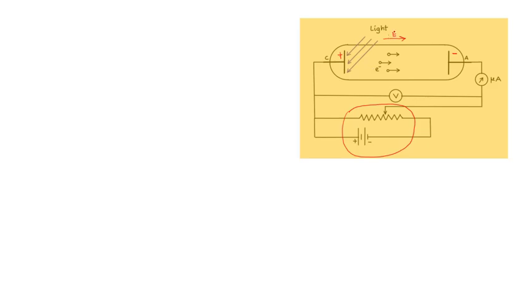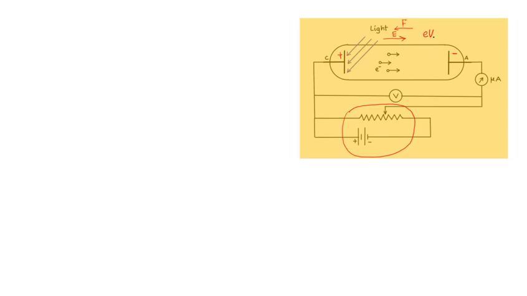If this is the direction of the electric field, the force acting on the electrons will be in this direction. Simply saying, whatever potential we apply across these two electrodes, the electrons in between them will achieve a kinetic energy due to this, which is equal to eV.